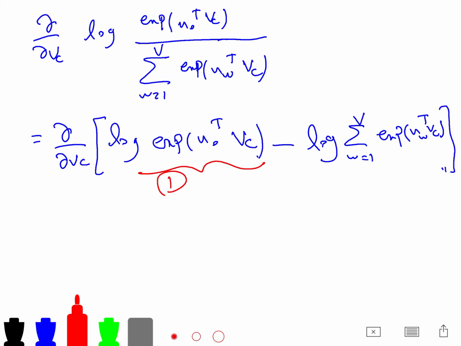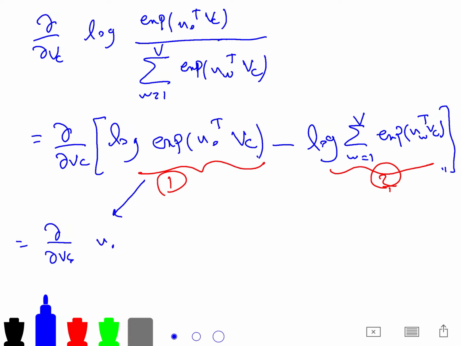So we want to evaluate these terms 1 and 2. The first one is simple. It becomes UO transpose VC, and then, of course, the derivative of this is simply U out.